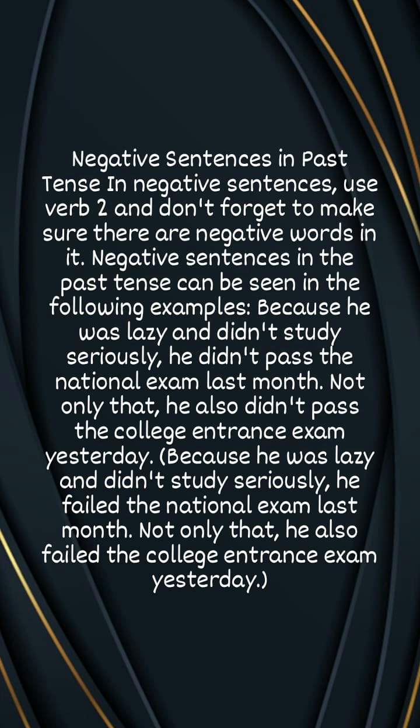Not only that, he also didn't pass the college entrance exam yesterday. Because he was lazy and didn't study seriously, he failed the national exam last month. Not only that, he also failed the college entrance exam.